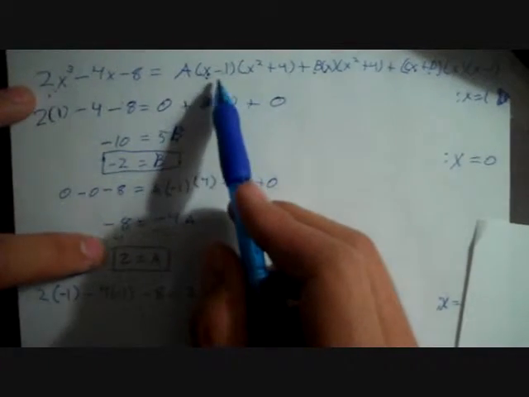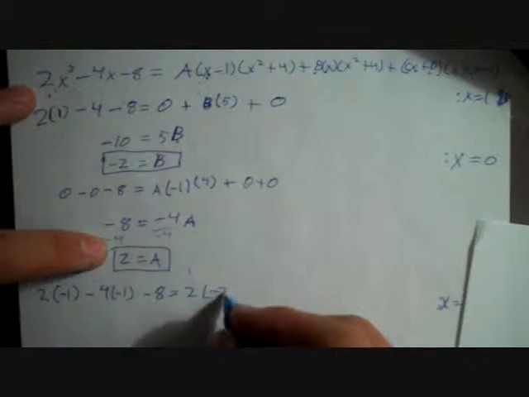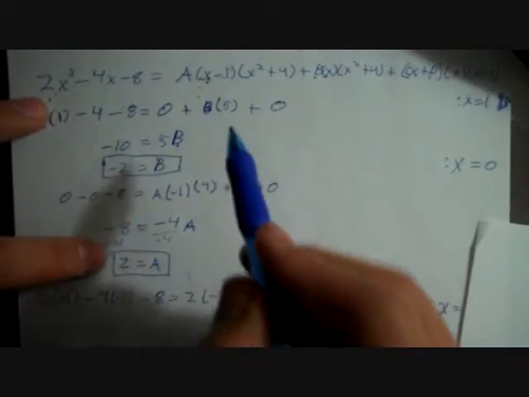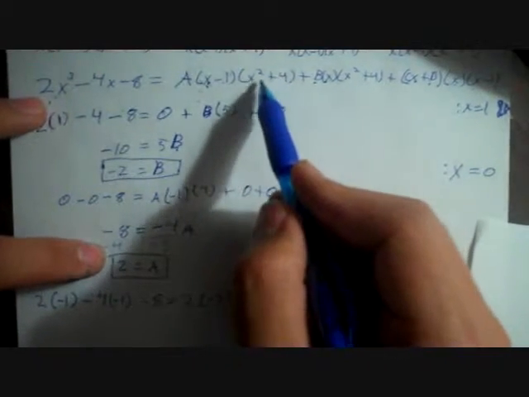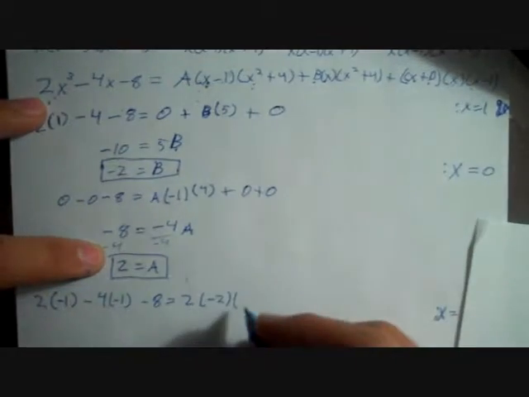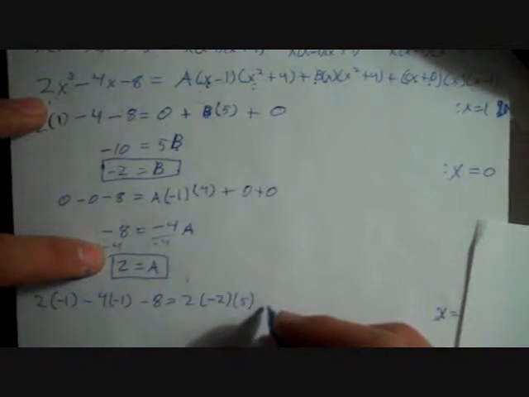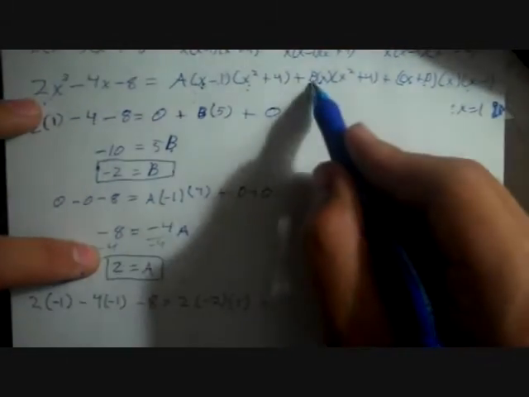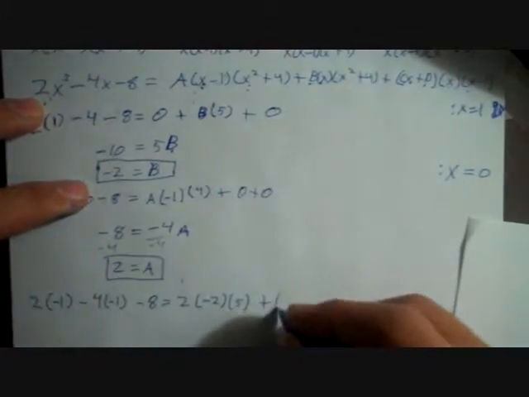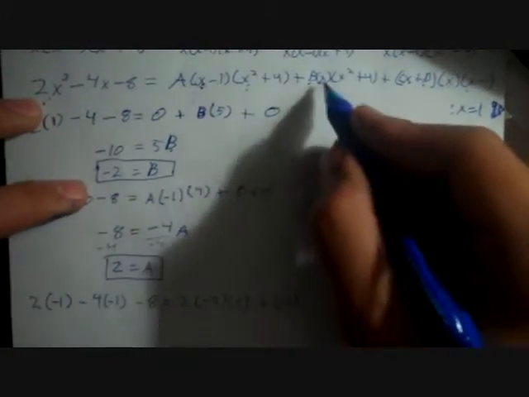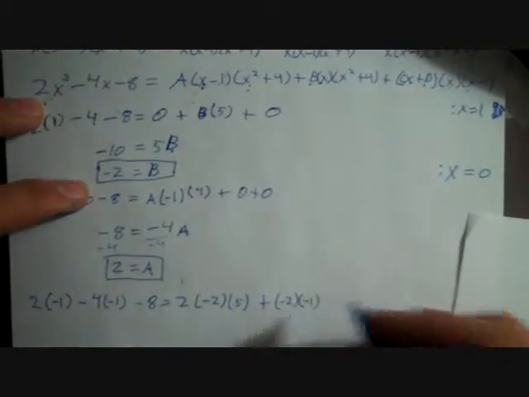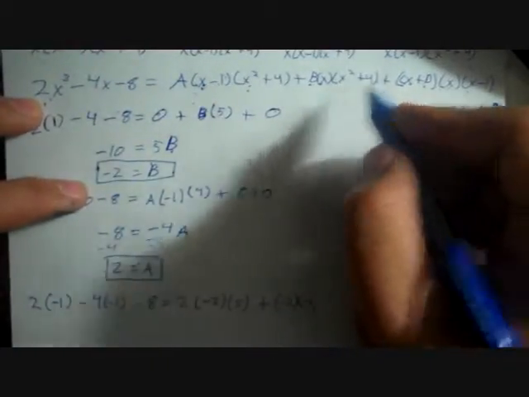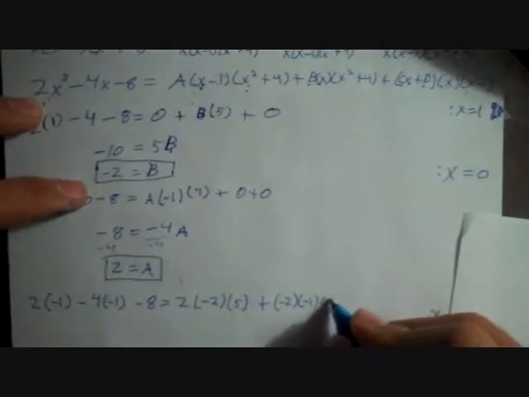And x minus 1, that's going to be -1 minus 1, so that'll be -2, times -1 squared plus 4, well, that's 1 plus 4, so that's 5. And then that'll be plus b, which is -2, times x, which is -1, times x squared plus 4, which we already saw was 5.